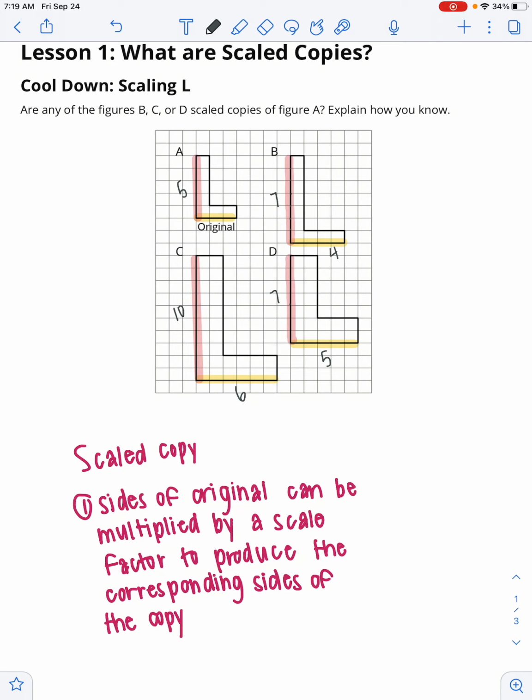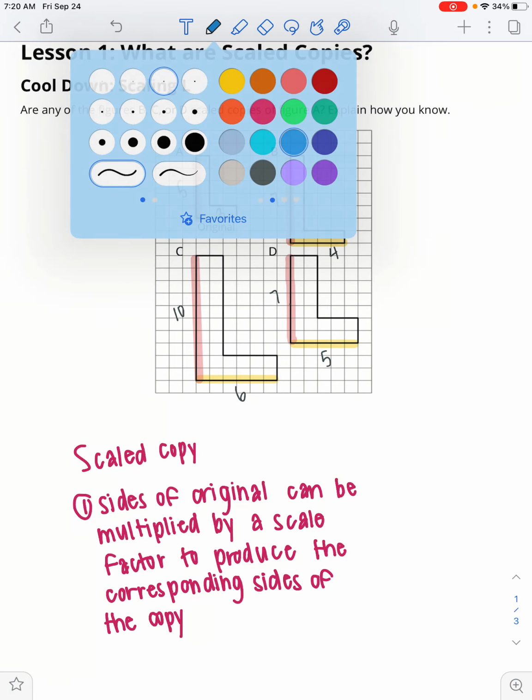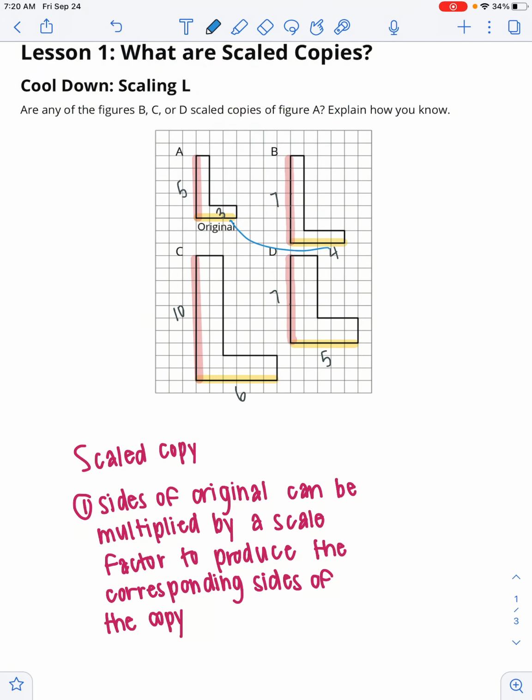So even before we measure the other sides, you might notice that there is not a number we can multiply 3 by to get 4 that we can also multiply 5 by to get 7. So another way to think about this is like this.